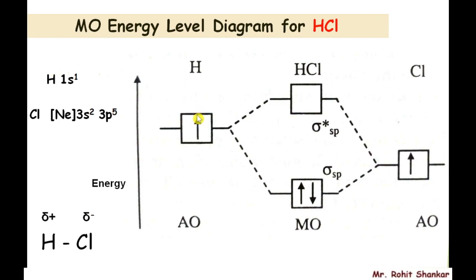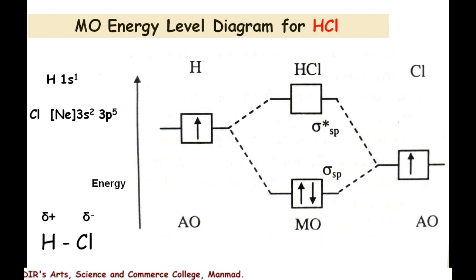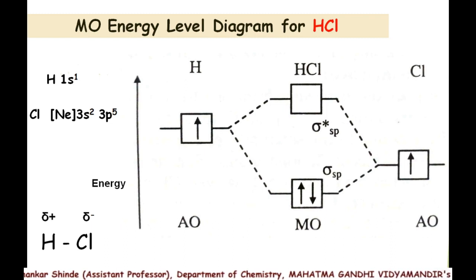If we assume the HCl axis as the x-axis, then out of 3px, 3py and 3pz, only the 3px orbital of chlorine is of the correct symmetry, pointing along the HCl axis, and hence it is the most suitable one for bonding, because it matches in symmetry and energy with the 1s orbital of hydrogen.